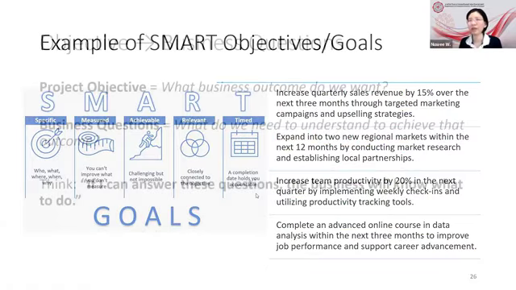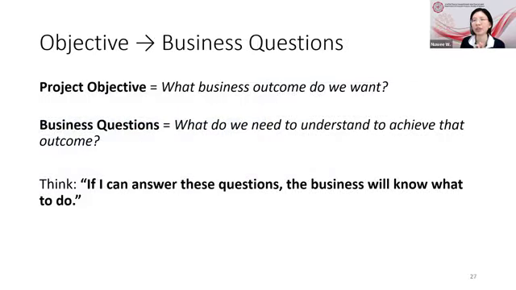Okay, so once you get the objective, it is just the outcome that we want. But you don't see how we use data analytics to accomplish this outcome. First, you need to map this outcome or objective to questions.